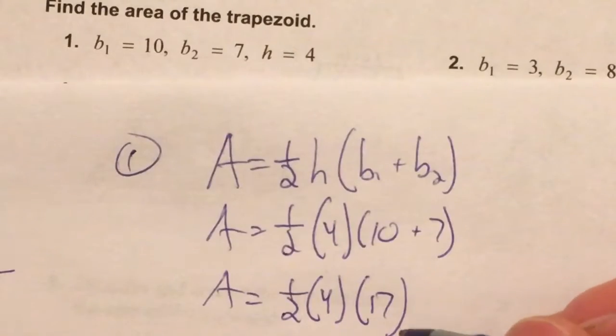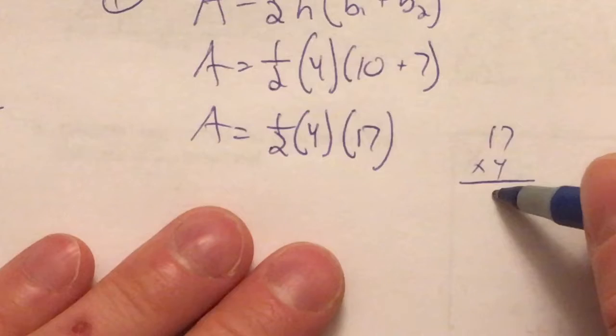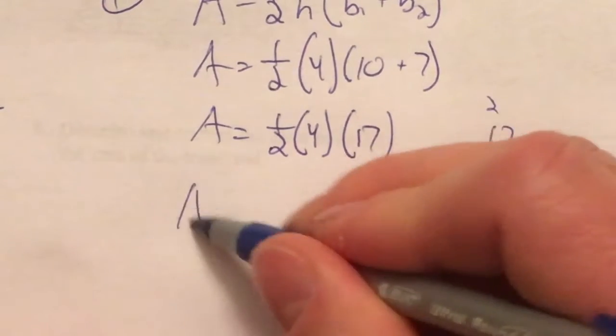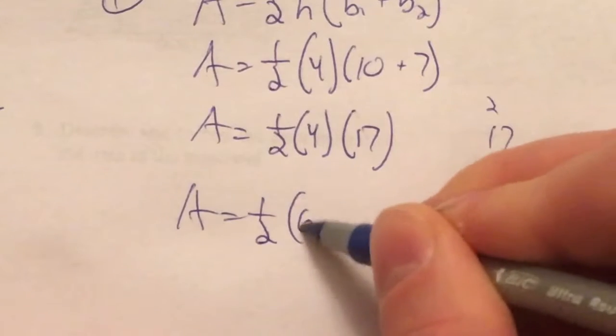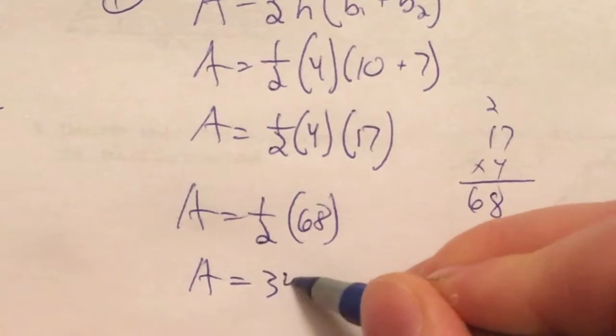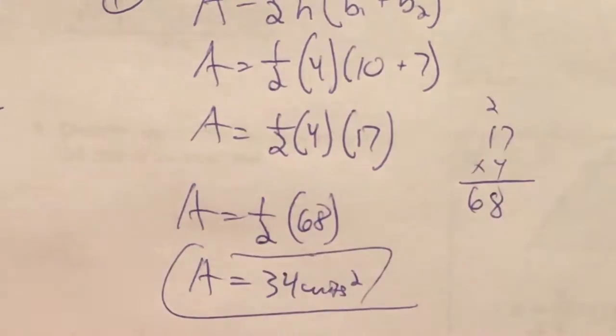Do they have units on here? They don't. 17 times 4, that's 28. 4, 5, 6. So the area is equal to 1/2 of 68. So the area is equal to 34 square units. And that's how that goes.